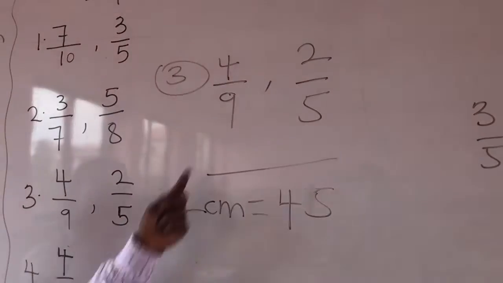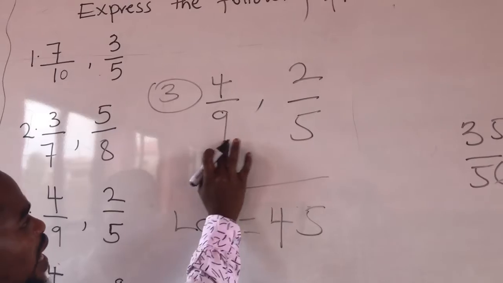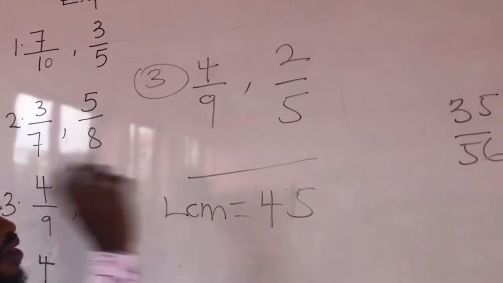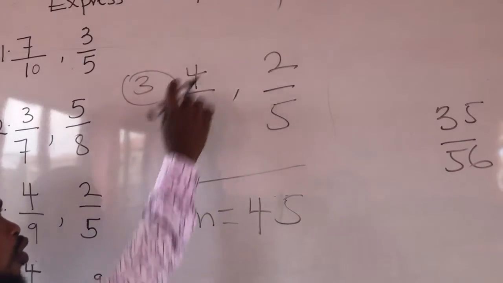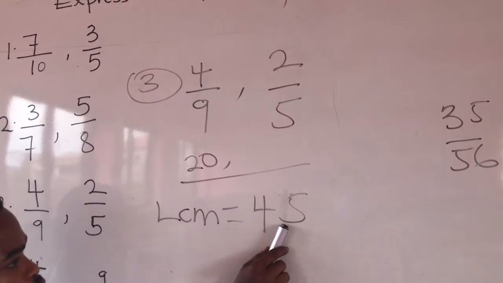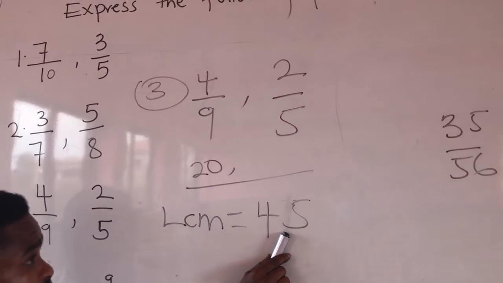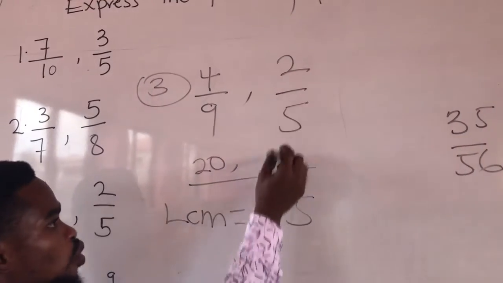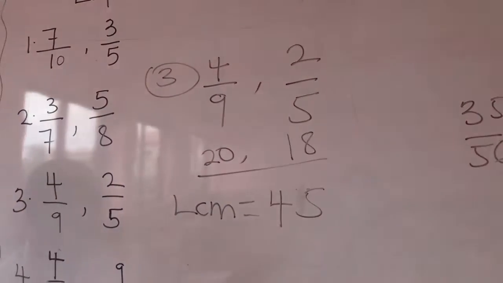So our LCM is what? 45. Now the 9 here will go into 45 how many times? 5 times. So 5 times 4 will give us 20. You bring the comma. The 5 will go into 45 how many times? 9 times. 9 times 2 will give us what? 18.